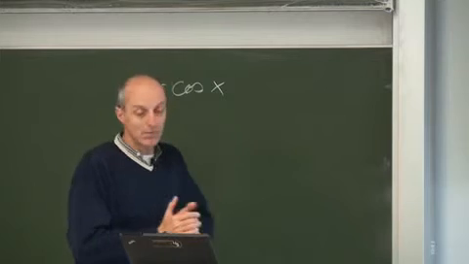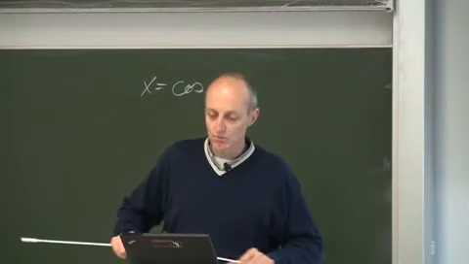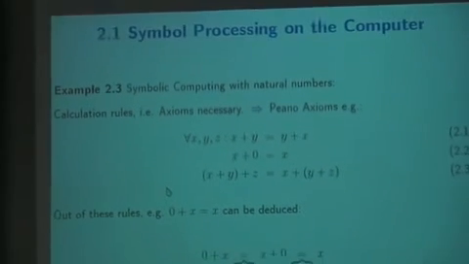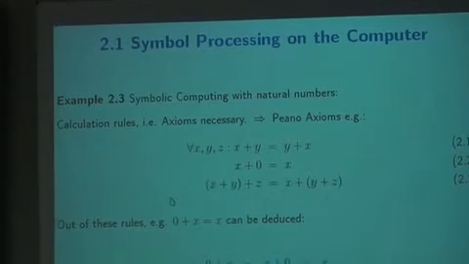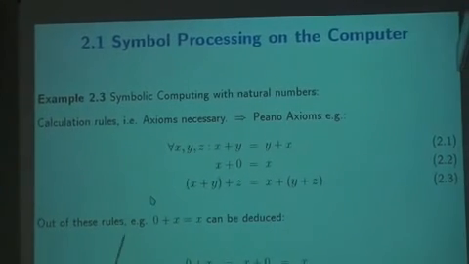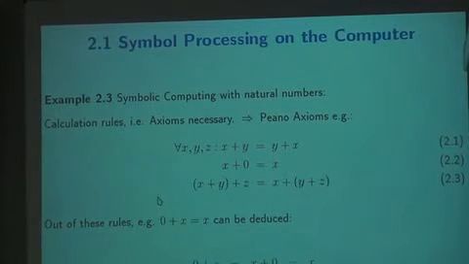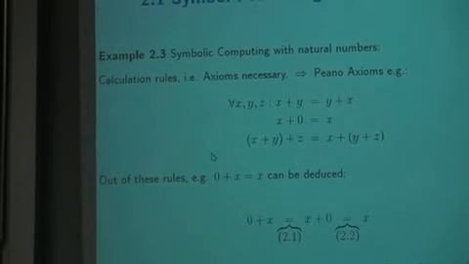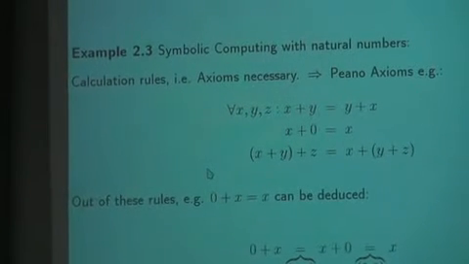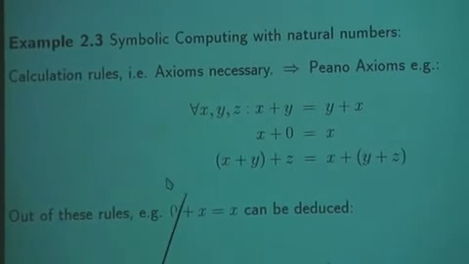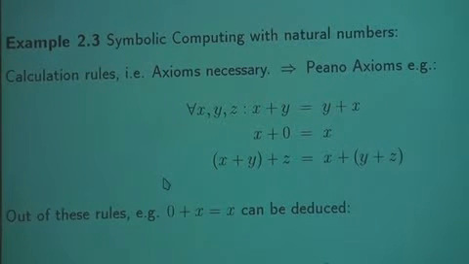Okay, so let's look at how we humans do symbolic computation. When we talk about arithmetics, arithmetics is addition and multiplication of numbers. This mathematics lecture might start with the Peano axioms. Peano was an Italian mathematician who first wrote down the axioms, the basic laws of arithmetics. These equations are some of the Peano axioms. They are not all, but some.